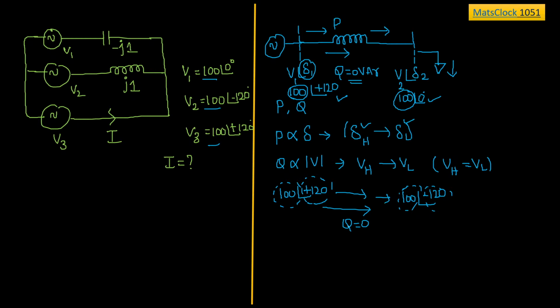So finally, the value of V1 is clearly given as 100 at an angle of 0 degree. The value of V2 is 100 at an angle of minus 120 degree. But the value of V3 is given as 100 at an angle of plus 120 degree. Now one more question: in between this node and the supply voltage, just observe the portion where I am marking, do you have any loads here?